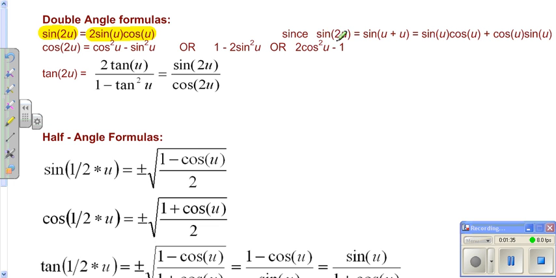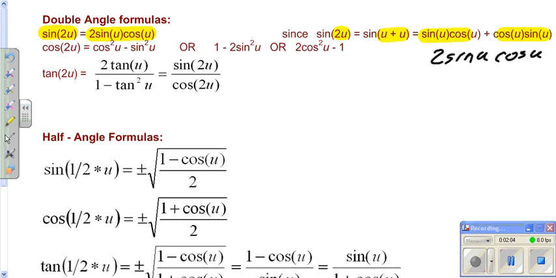Now that really comes into play because you know that 2u is really a u plus a u, so you could use your sine of alpha plus beta formulas from last lesson. So you go the sine of u cosine of u plus the sine of u cosine of u. So that's really just two of these sine of u's cosine of u's. And so that's how we come up with that.